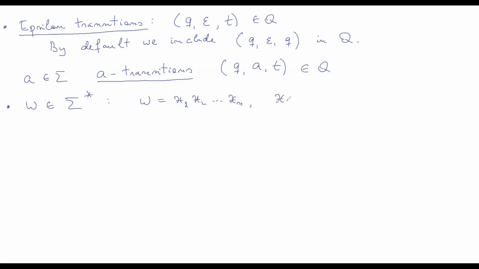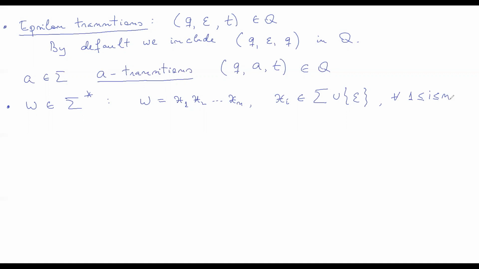And this time I'm even allowing the possibility that some of these are epsilon. And they will simply signify how many steps my automaton does, and some of these steps might be epsilon transitions. So if I have such an input word, we are going to define a computation on W in the following way.